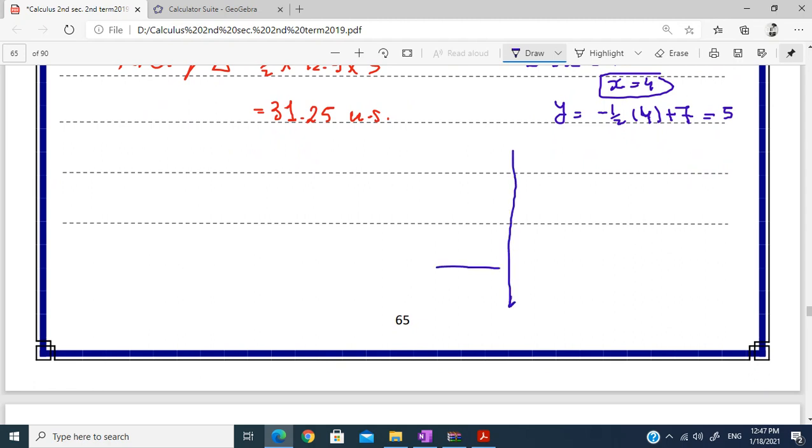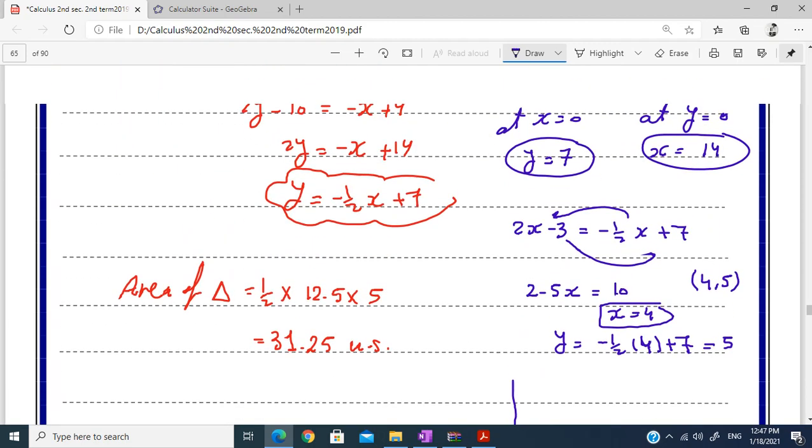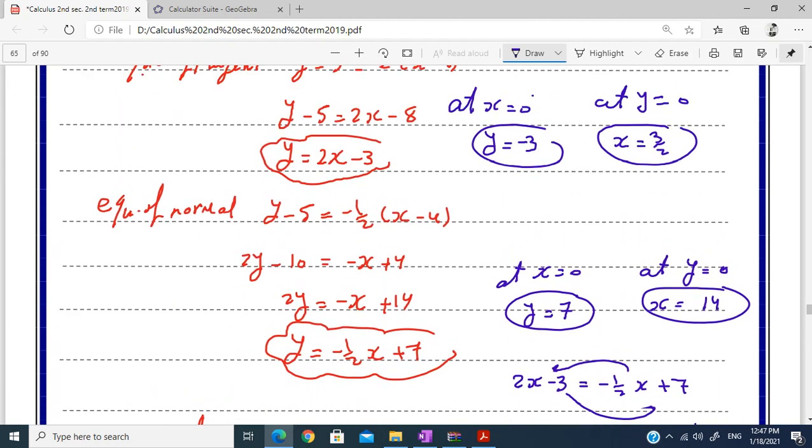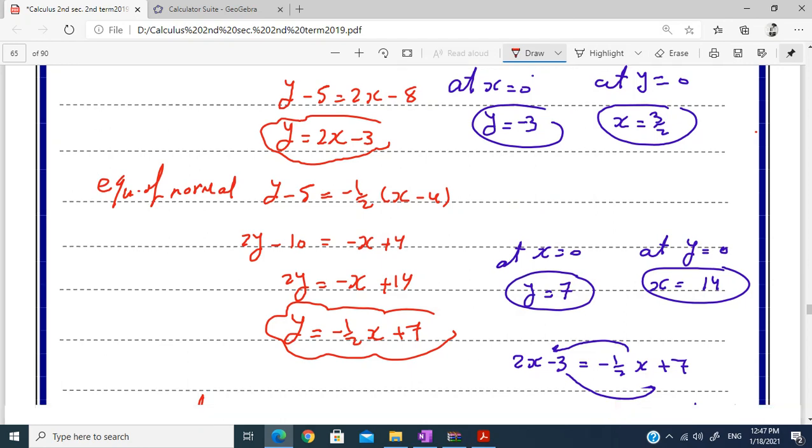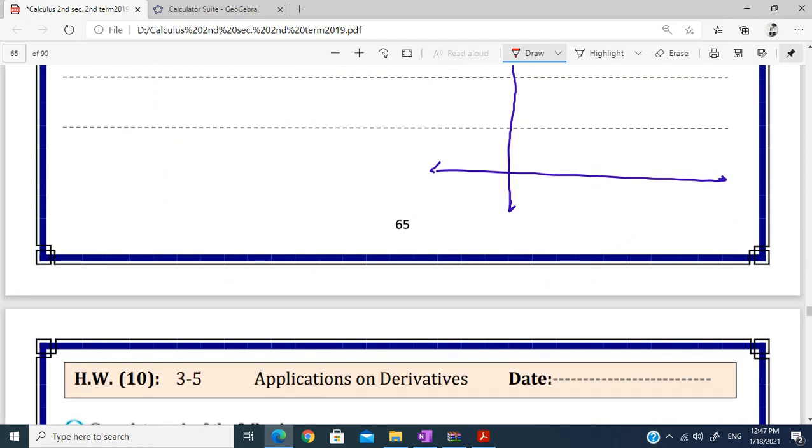So if you draw, this is the y-axis and this is the x-axis, and the tangent is at points (0, -3) and (3/2, 0). This is the tangent to the curve.